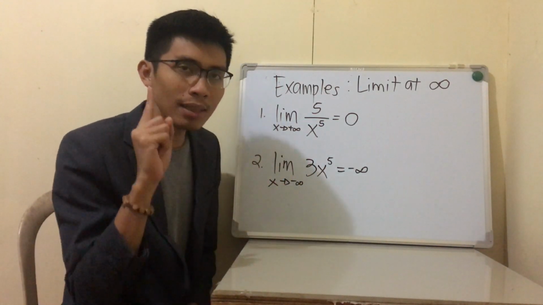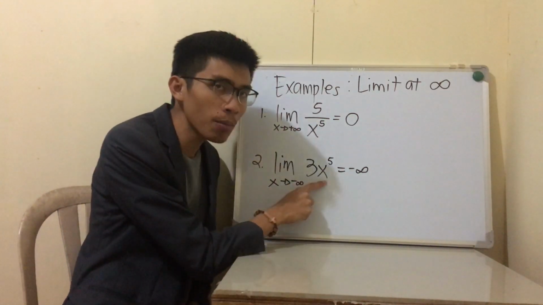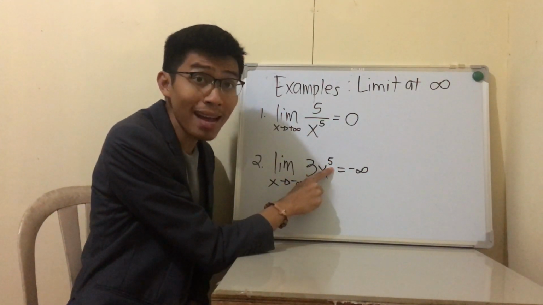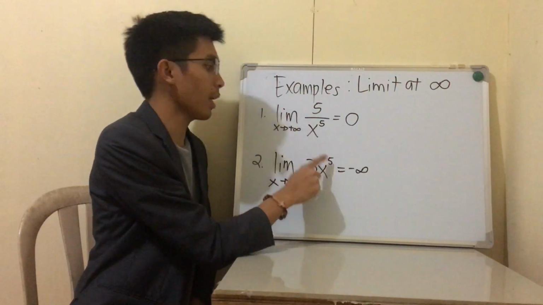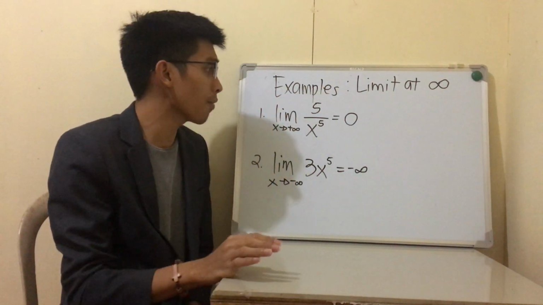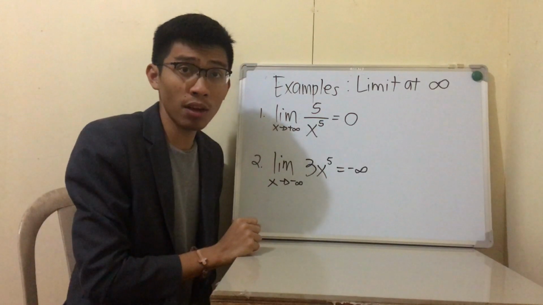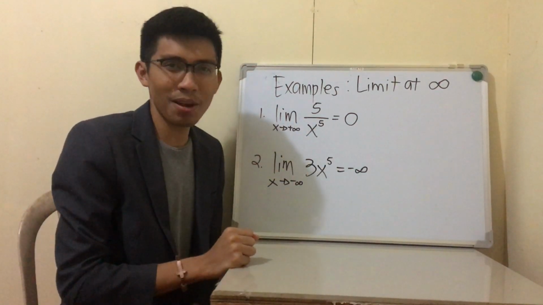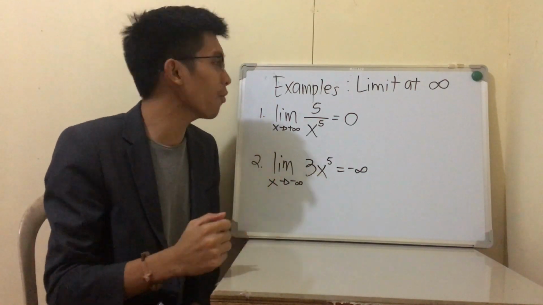We all know once a negative infinity is put inside a variable whose exponent is odd, the answer is negative infinity. And negative infinity multiplied by any positive constant is negative infinity, because negative multiplied by positive is negative. That's great. Continue that performance.